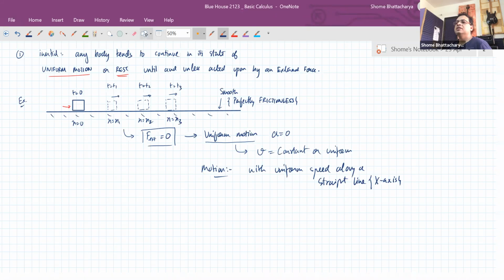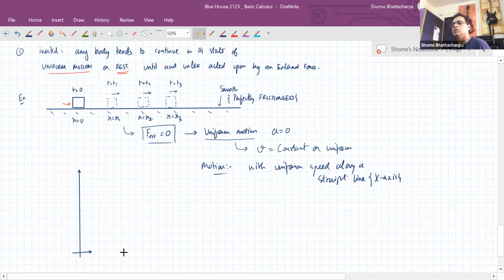So what will our distance versus time graph look like now? A straight line. Yes, very good. Our distance versus time graph will look like a straight line.